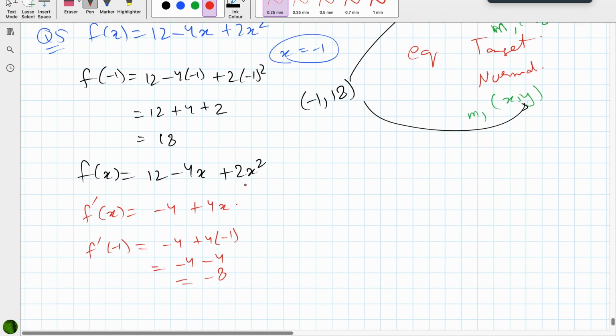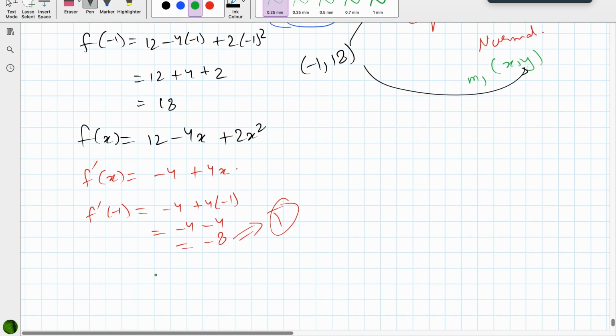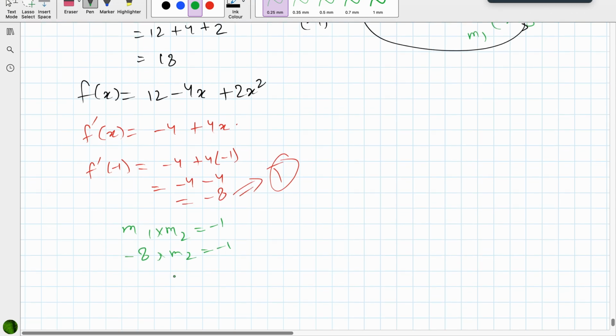Now the first gradient, the dy by dx, is always for the tangent. I know the gradient and the point for the tangent, so I can find the equation. At the same time I'm finding the gradient for the normal. So minus 8 into m2 is equal to minus 1, and m2 is equal to minus 1 by minus 8, which is 1 by 8.